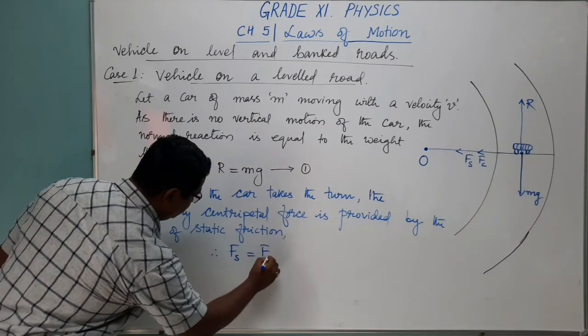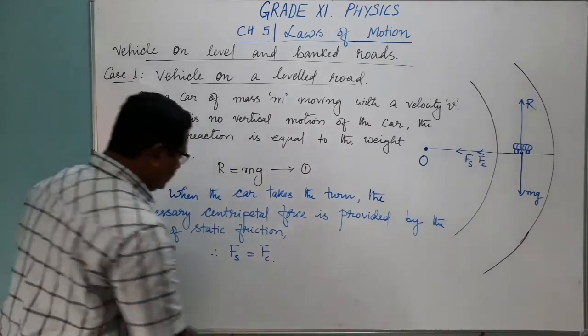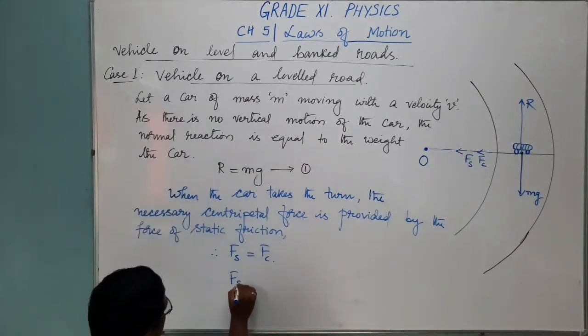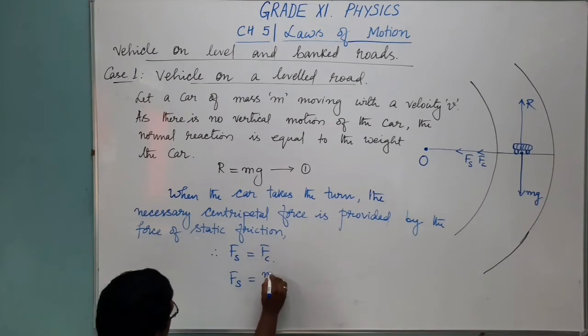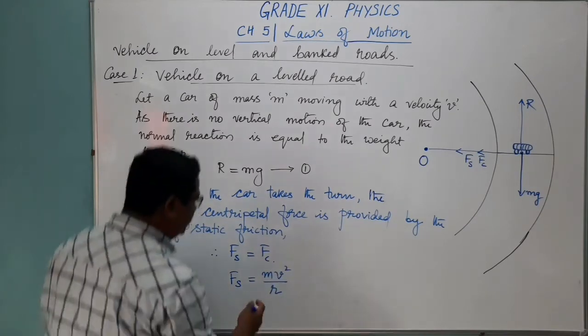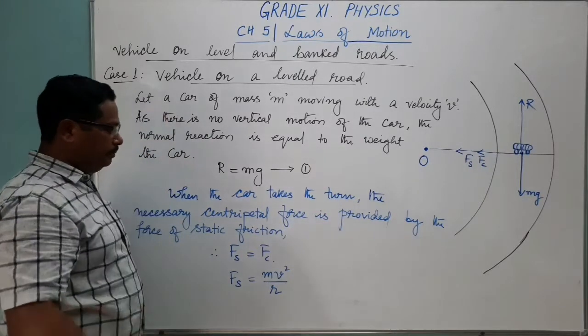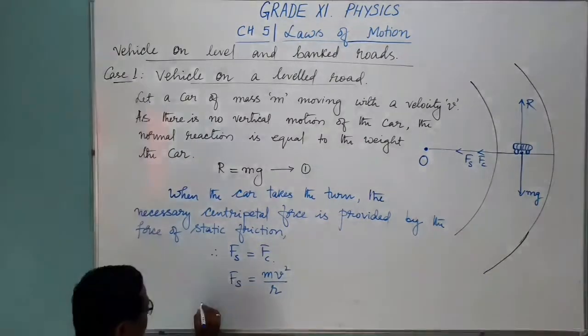So Fs will be equal to Fc. Now Fs is equal to centripetal force. Your expression is mv squared divided by r, that you learned in chapter 4, motion in a plane. You can check it out.